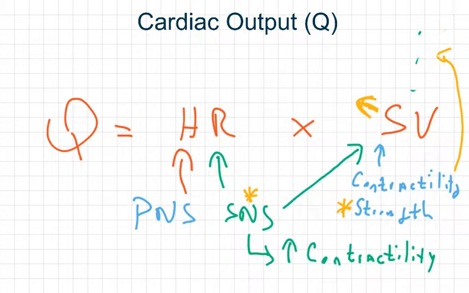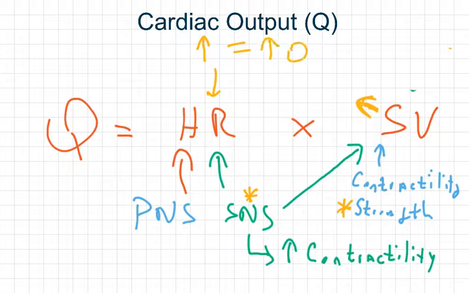Furthermore, we can keep stroke volume the same, right? But if we have an increase in the heart rate, that means we're still going to have an increase in Q. So with exercise, we know we have increases in heart rate.